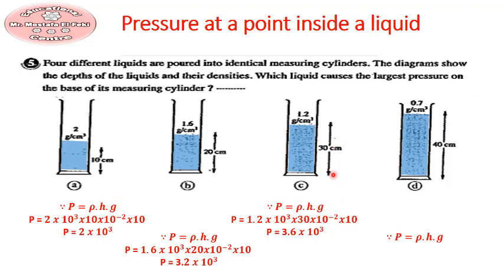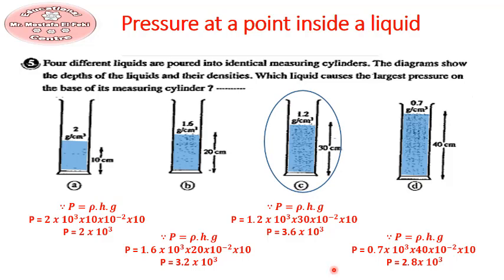And the height, this is the pressure of the fourth cylinder, and we also convert the heights from centimeter to meter. Then the one with the most pressure is cylinder letter C.